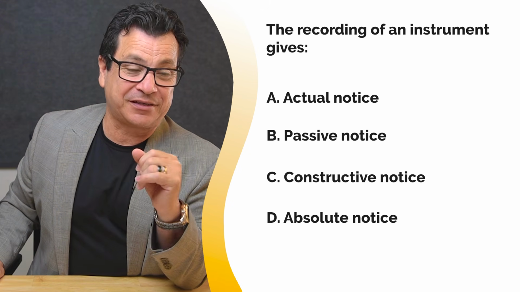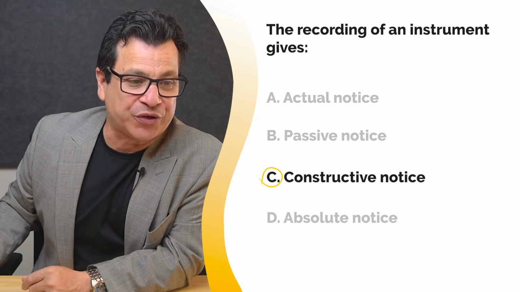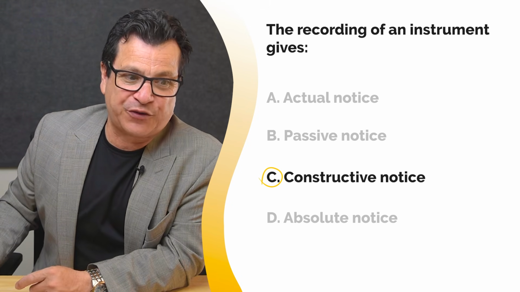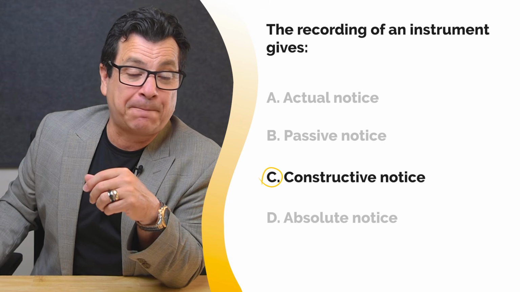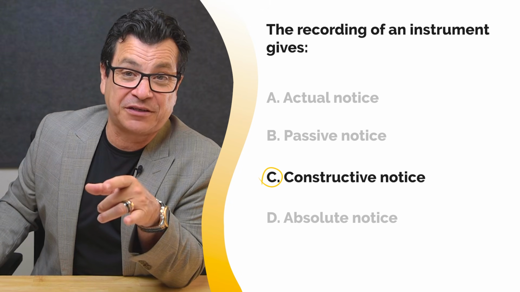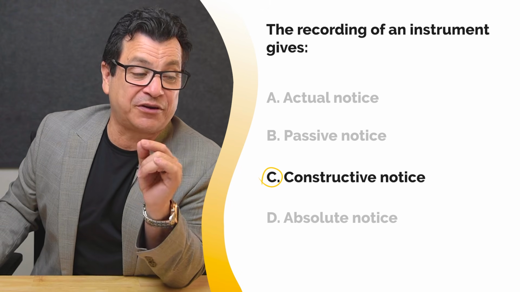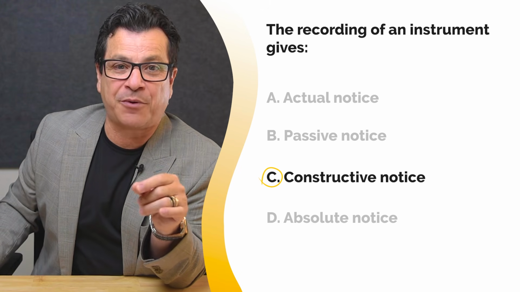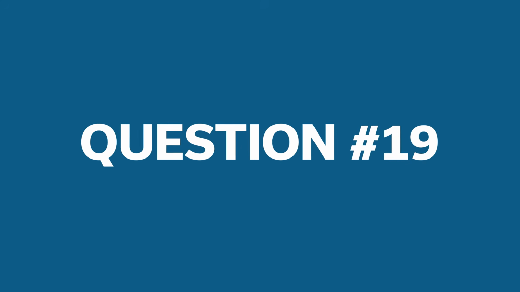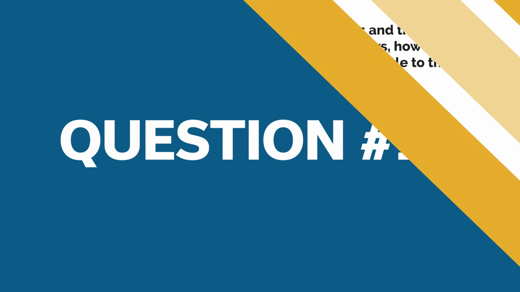The answer is C, constructive notice. Explanation on this one: constructive notice is given by taking physical possession or by recording an instrument. That is called constructive notice when it comes to recording a property and putting it in a brand new owner's name. All right, here we go with the next question.